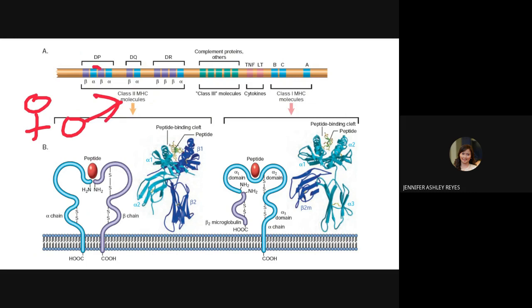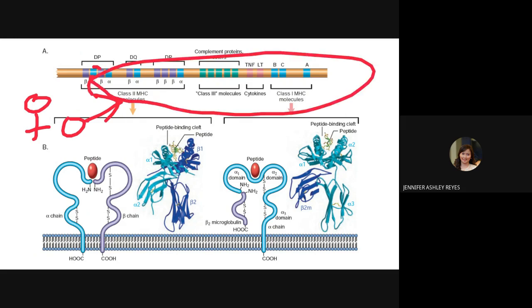Because of the polymorphism of these HLA genes, we have a varied number of combinations of molecules that exist in the population. Each individual will express an MHC profile on his or her cell surface that is different from the haplotypes of most other individuals.